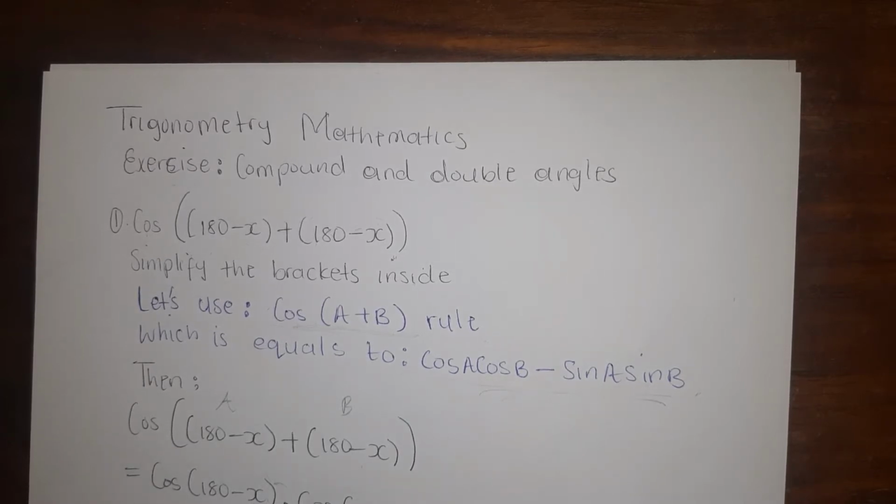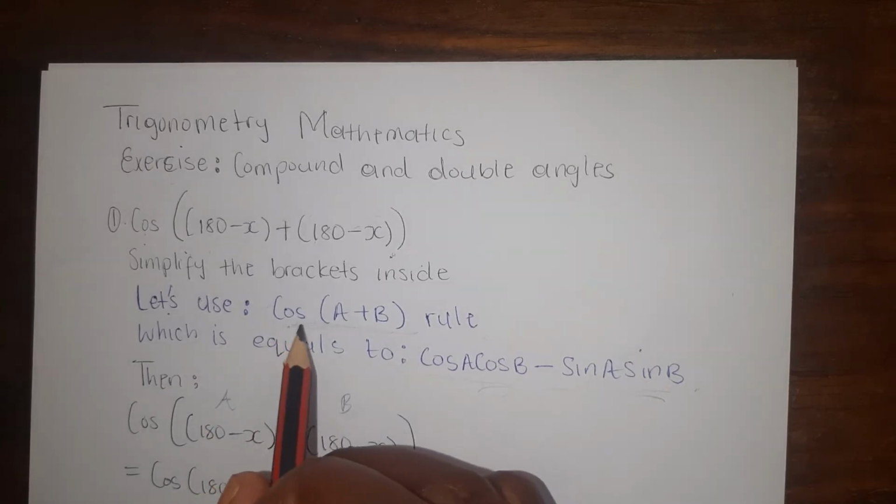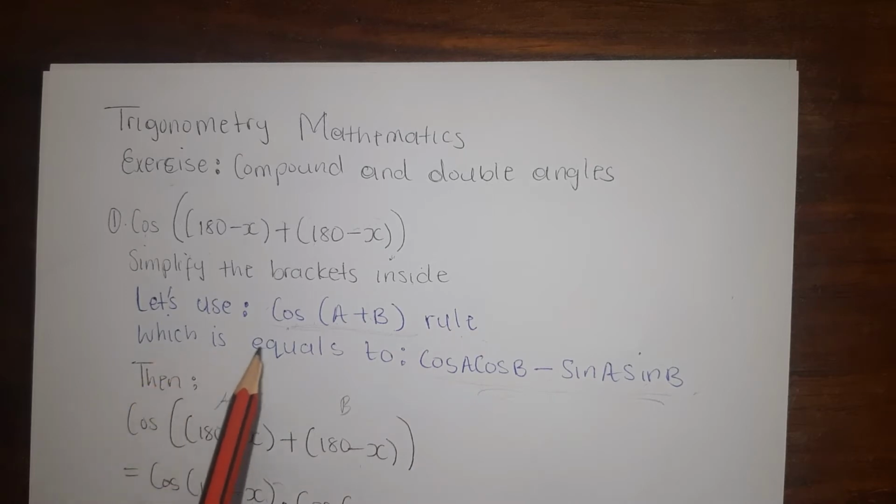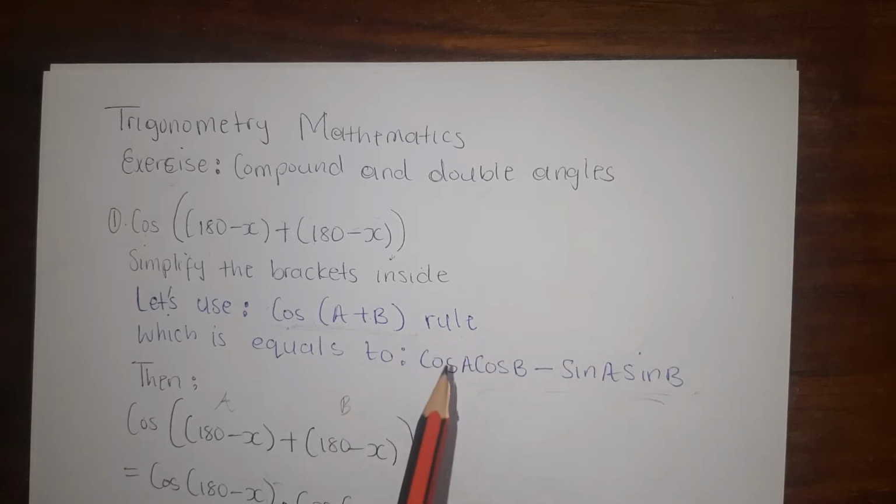Basically we are going to simplify the brackets inside, and let's use the cos(a plus b) rule, which is equal to cos a cos b minus sin a sin b, and this we'll find from our formula sheet.